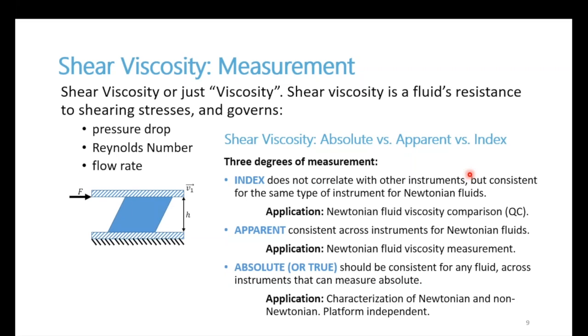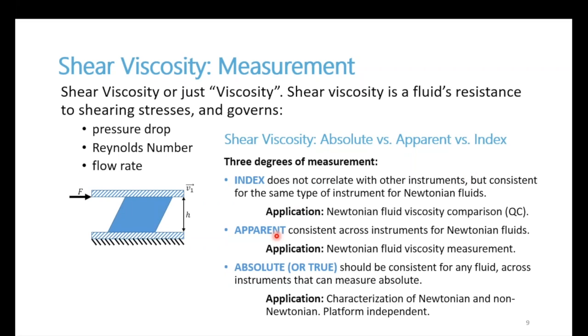And this will be true only for Newtonian fluids. If you have non-Newtonian fluids, often you're not able to control shear rate, so you are not able to compare those samples. The application will clearly be something like QC control for Newtonian fluid viscosity.